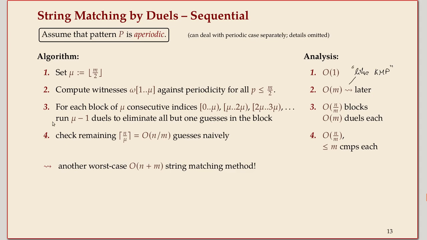Now the third step, you have mu inside each block, so that's the number of duels you have to play. And mu is essentially theta of m. And the number of blocks is n divided by mu, so that's n over m. In the sequential setting, you would do those one after the other. But that's n divided by m times m, that's theta n. OK?